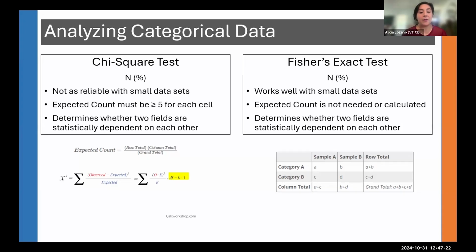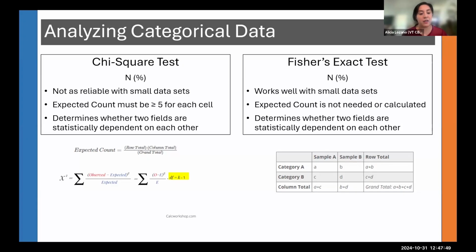A chi-square test is used, and I know that chi-square is usually the first thing, and in my experience, people tend to use chi-square more than Fisher's exact, even with small data sets. But I do want to put out some caution that the chi-square test is not nearly as reliable with small data sets, and the assumptions of that test rely on the expected count, which has to be greater than 5 for each cell.